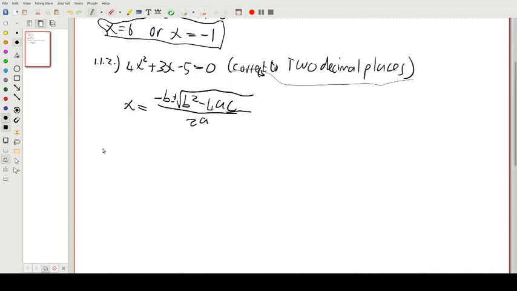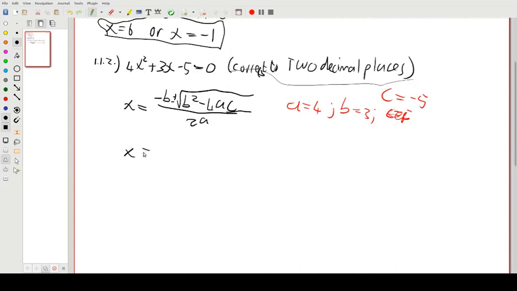Now we can just plug in the values. In this case, a equals 4, b equals 3, and c equals negative 5.